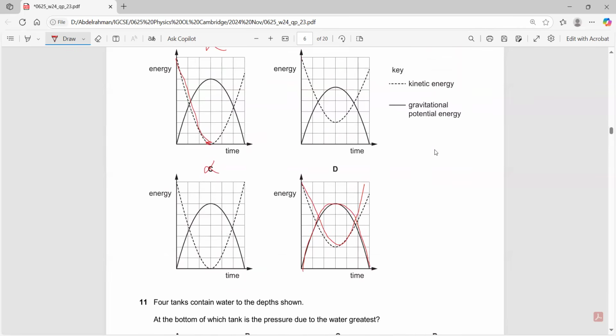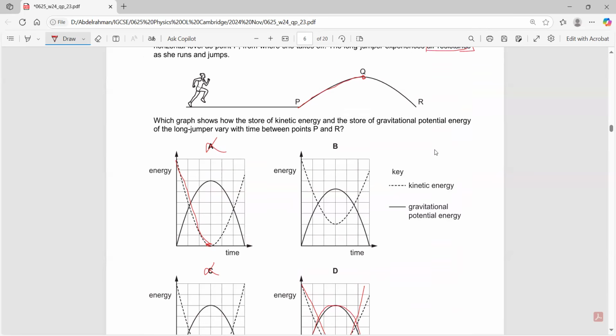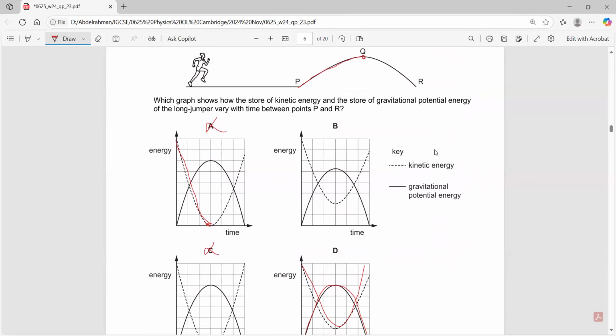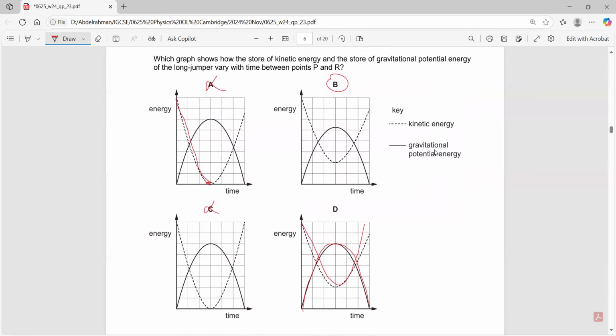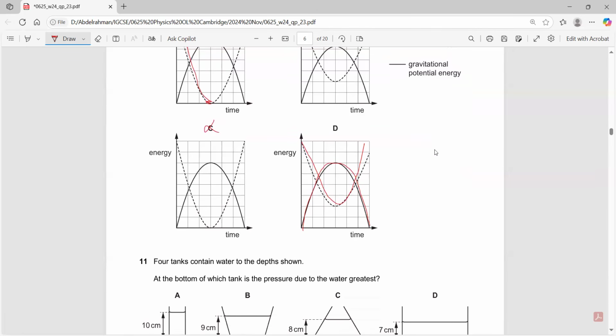In this case, they are not perfectly equal. Why? Because there is some air resistance. Some of the energy is lost due to the air resistance. So it would be B. The gravitational potential energy might be slightly less than the kinetic energy. Okay?